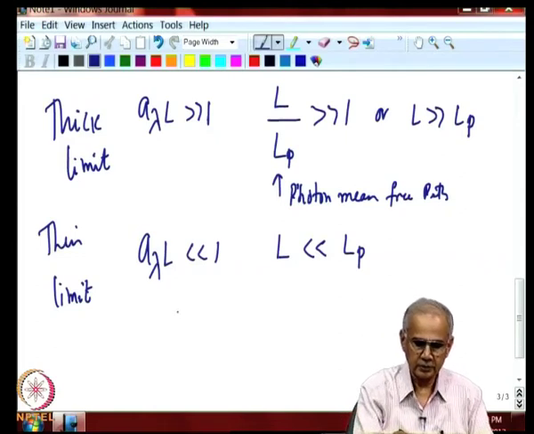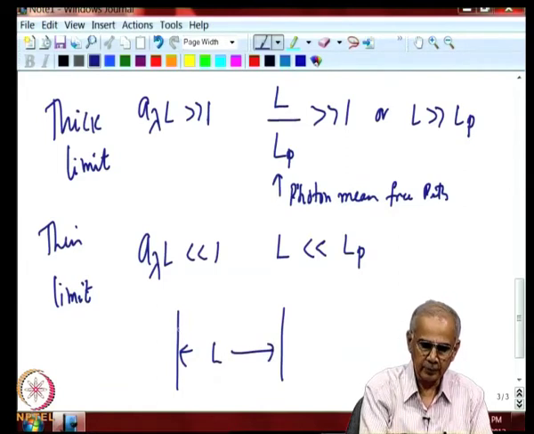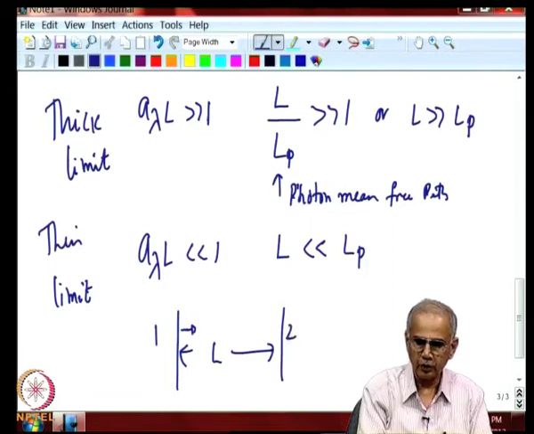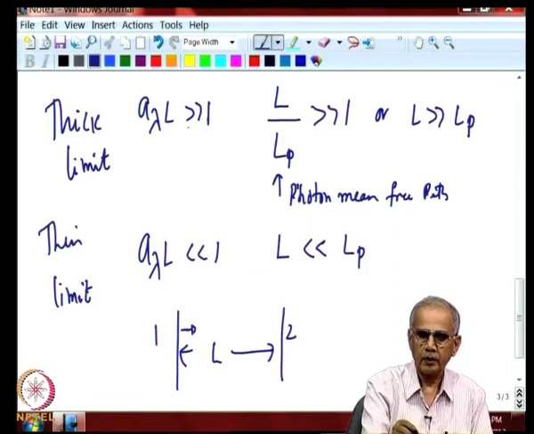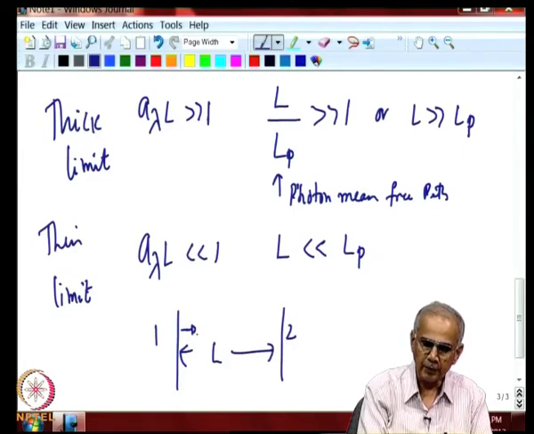So, let us take again this gas of length L. The photon which is emitted by this surface 1 will not reach 2 at all if it is a thick limit, because the photon is very quickly absorbed right here, and the gas may emit another photon here which will travel again a short distance.